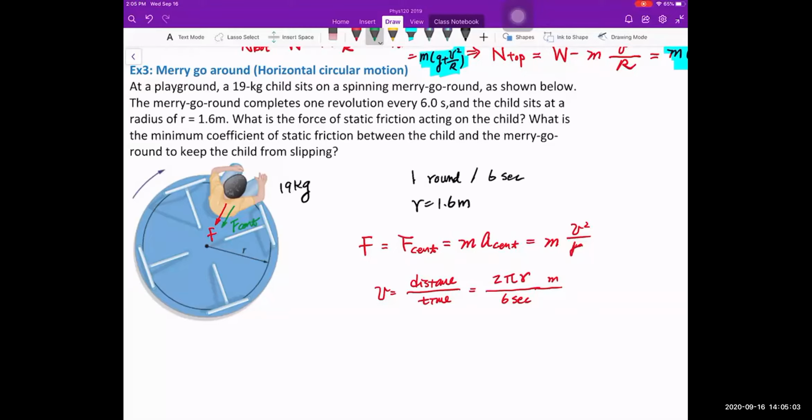How do we find the friction force, and how is it related to the friction coefficient? There is a static friction force, and it has a maximum static friction force that is equal to mu s times N. What does the N represent? Normal force.